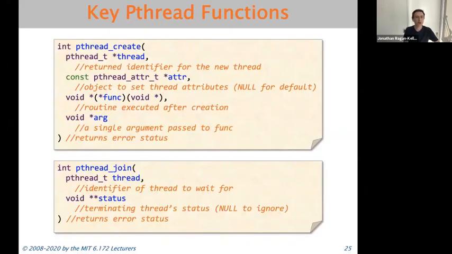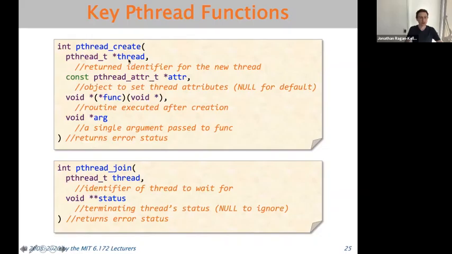All right, so the key functions that we care about in pthreads, the two most basic things, are pthread create, which launches a new thread, creates a new thread. The arguments to that we've documented here are relatively self-explanatory. So this is kind of ugly low-level Unix C. So the return value is actually passed as an argument, a pointer to where we want the return value to go.